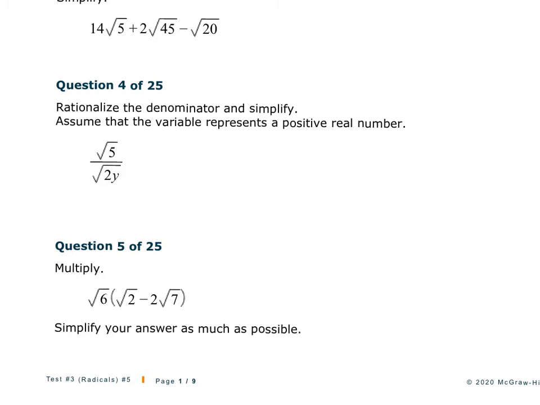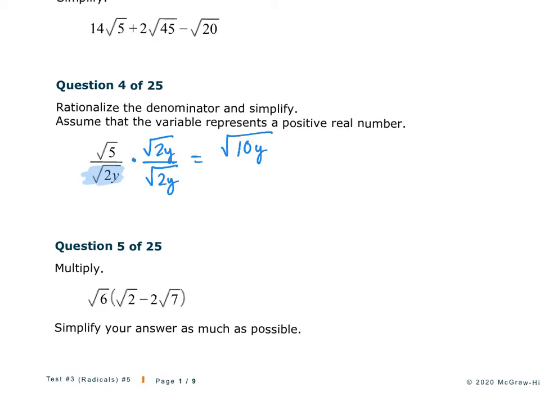For questions like question number 4, you're going to look at the bottom of the fraction, and to simplify that, you're going to basically multiply it by that number, or whatever that expression is, over itself. Alright, so when you do that, you get the square root of 10.